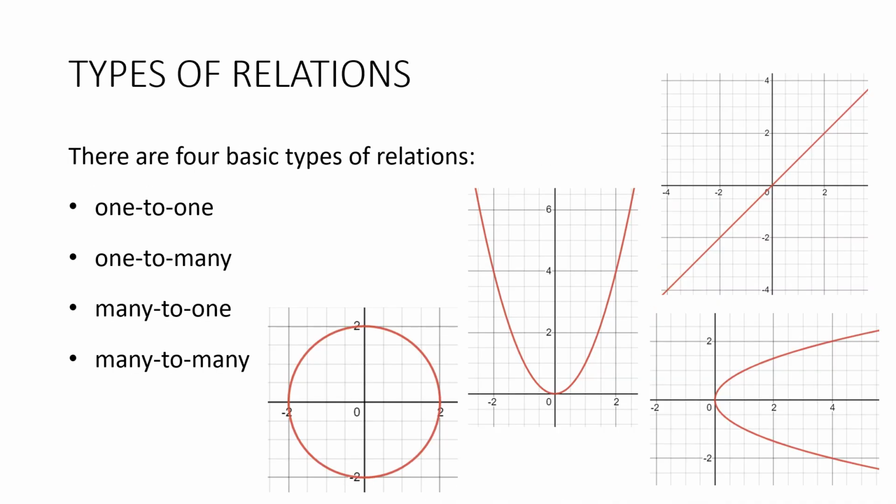Now remember that there are 4 basic types of relations. There's one-to-one, one-to-many, many-to-one, and many-to-many. Now which of these are going to have an inverse function? Think about flipping or reflecting them over the line y equals x.